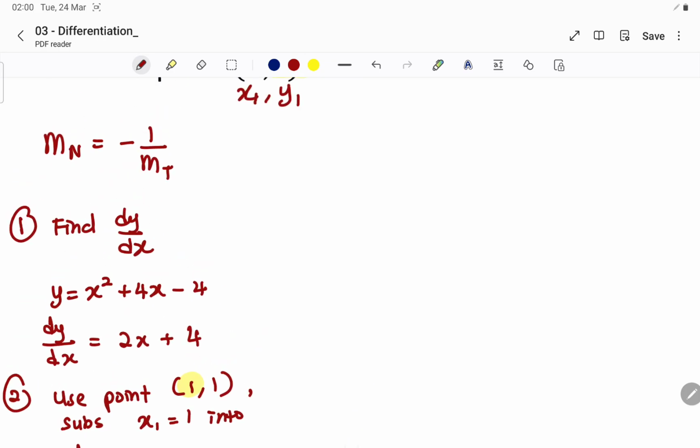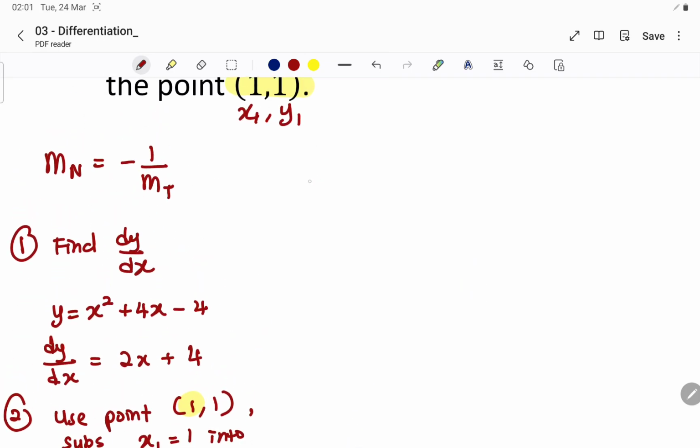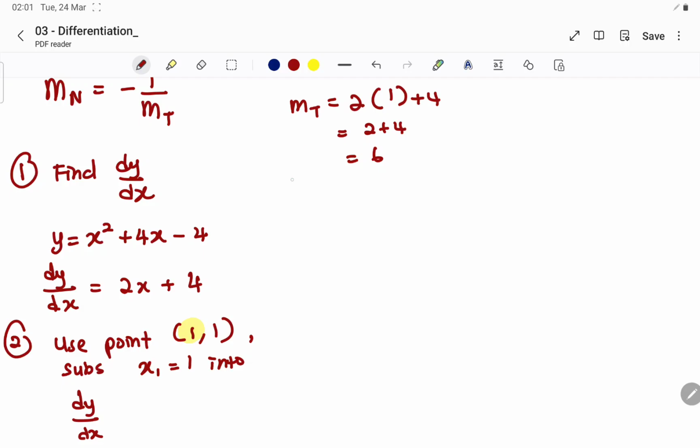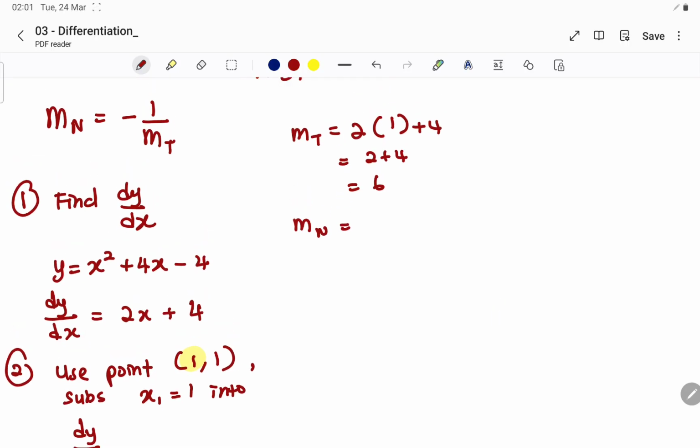So your dy/dx is 2x plus 4, right? So to find m_t, you have 2 multiplied by x, which is 1, plus 4, then you're going to get 2 plus 4 equals 6. And then for m_n, here you already got m_t, right? m_t is equal to 6. Then how to find m_n? Using this formula, negative 1 over m_t, which is 6. So this is your m_n.